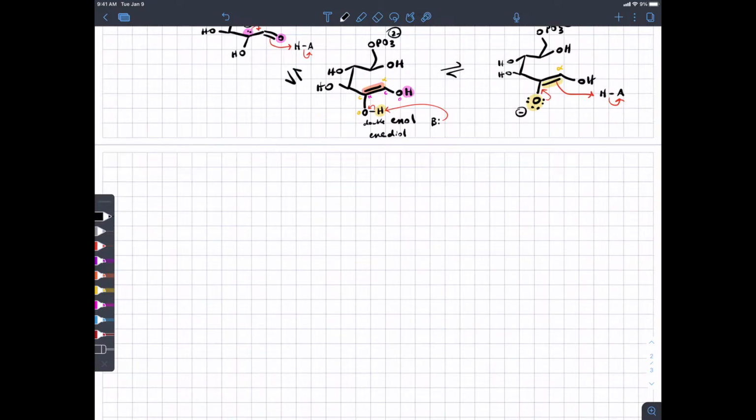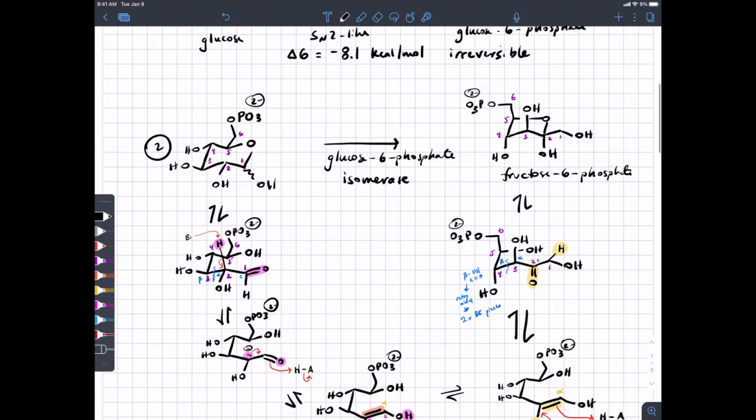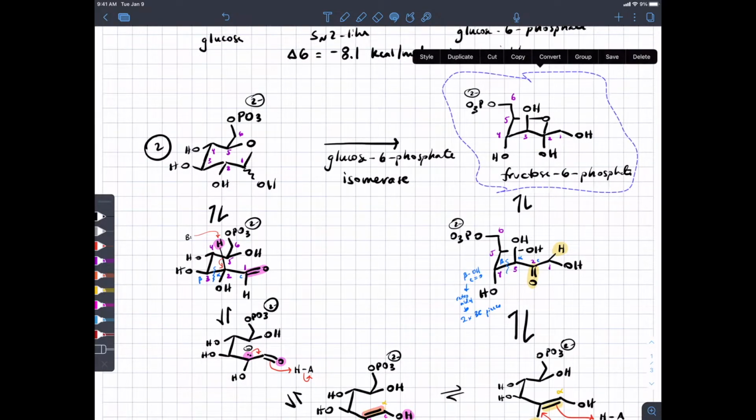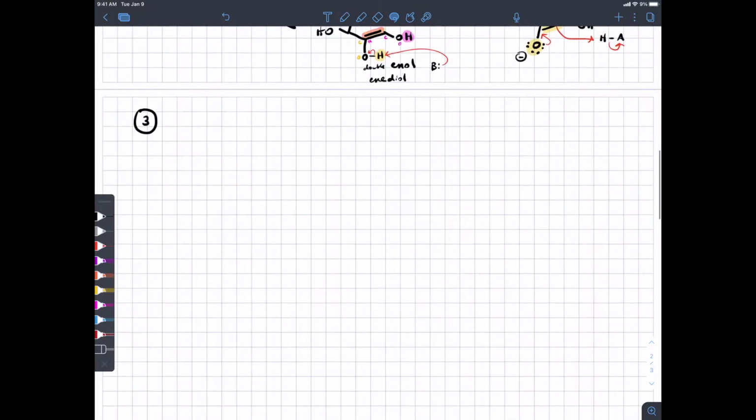So we have one more thing to do before we can do the retroaldol reaction, and that is we have to take fructose 6-phosphate and put a phosphate group on the OH group of carbon 1.